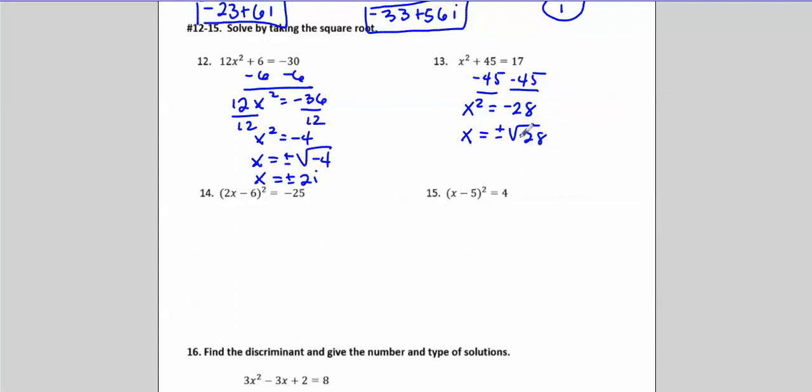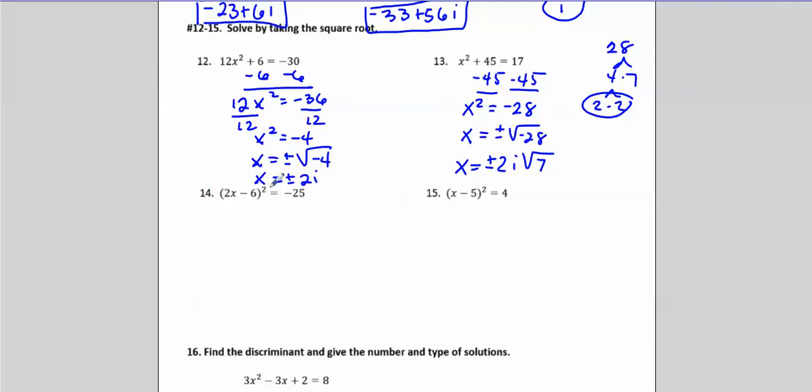And the negative will come out as an i. 28 we can simplify. So let's think about 28. 4 times 7, and the 4 will be 2 times 2. So we can take that 2 out. So the negative comes out as an i, and the 2 comes out as well, and the 7 is left underneath. So plus or minus 2i root 7.